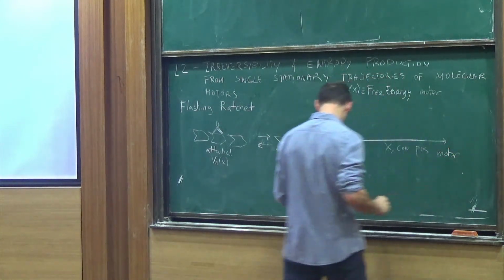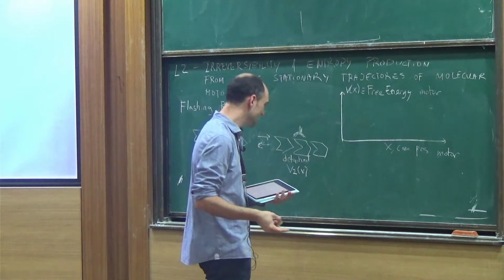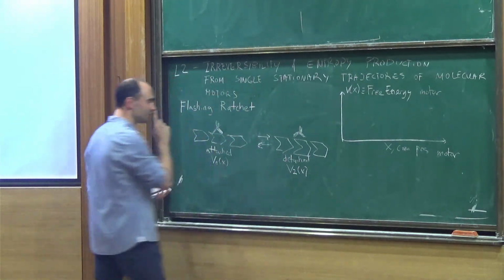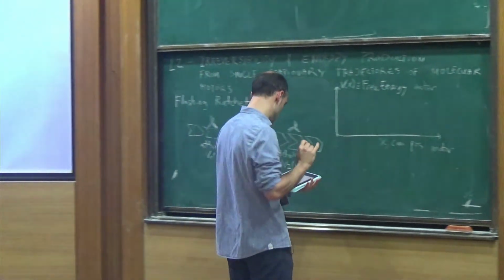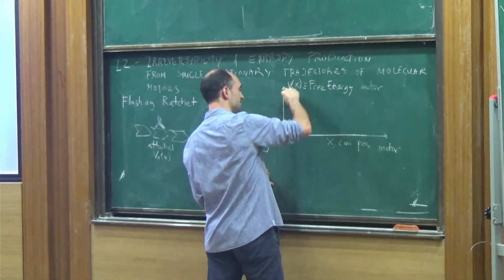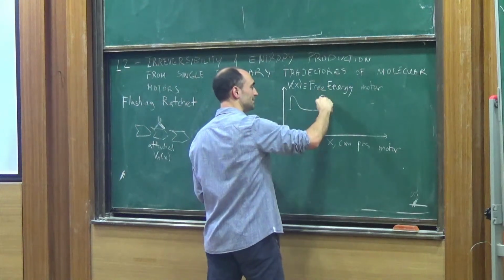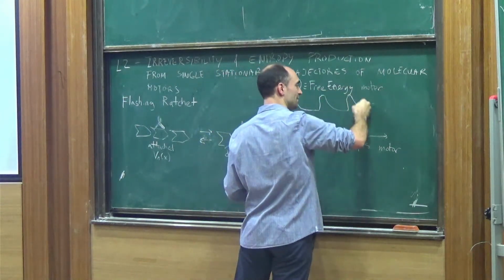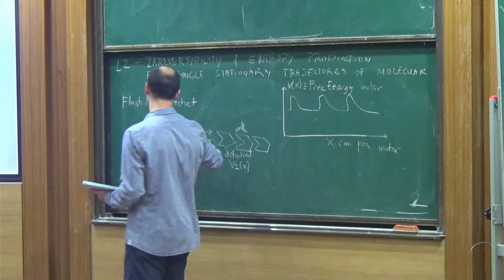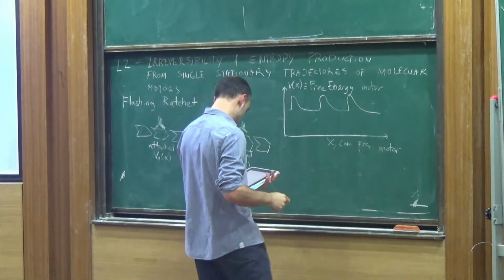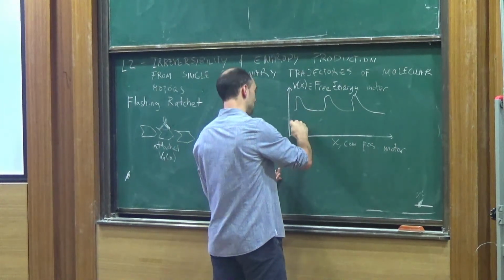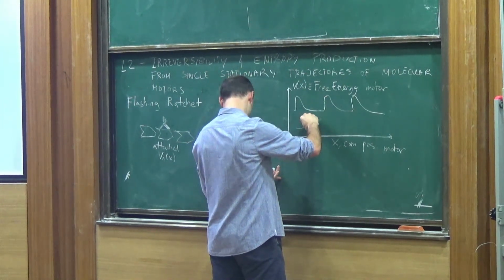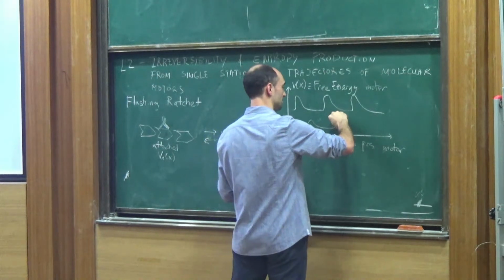What I would say is the following: there are two potentials, and the center of mass of the motor is represented as the position of a particle. Of course this is a bit of a simplification, and the potentials are periodic. It's periodic because we have a periodic structure in the filament. Moreover, these two potentials are periodic, and one has a different energy than the other, so it could be something like this.